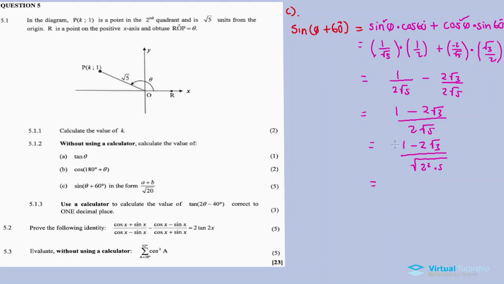So I'm reversing the process now using the surd laws, and then gives 1 minus 2 square root 3 divided by the square root of 4 times 5, which is what? Is 20. So it's 1 minus 2 square root 3 divided by the square root of 20. The square root of 20.